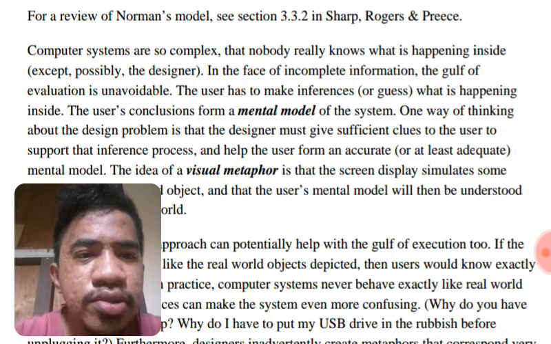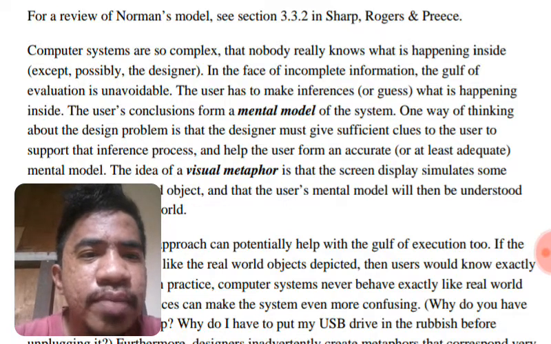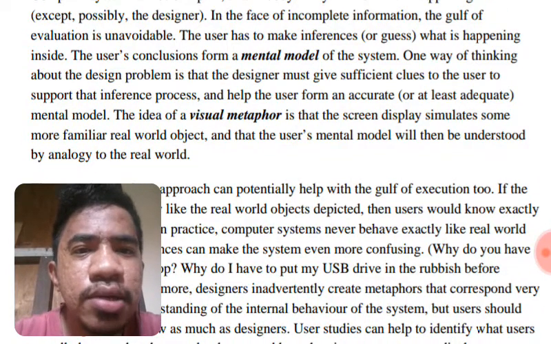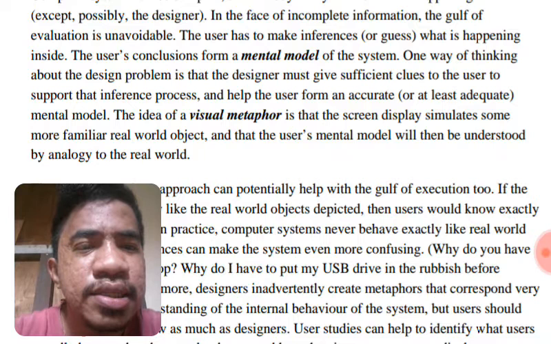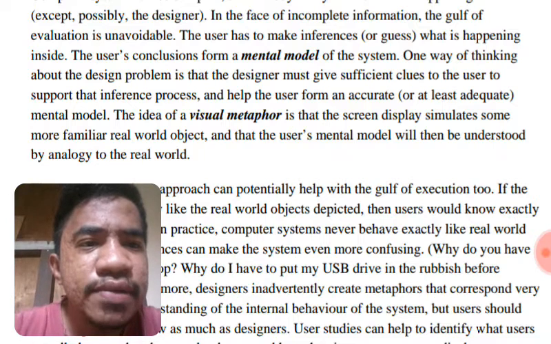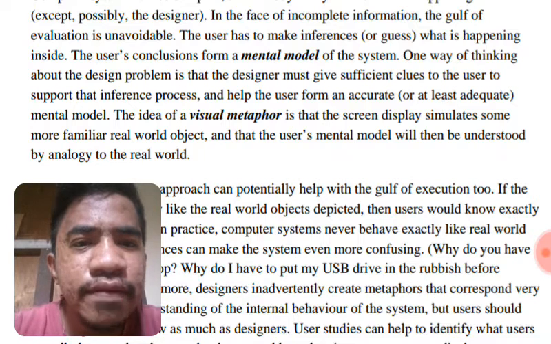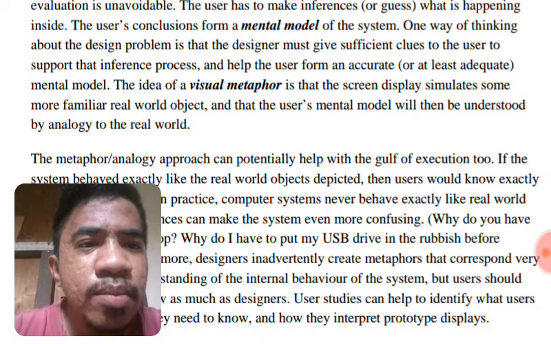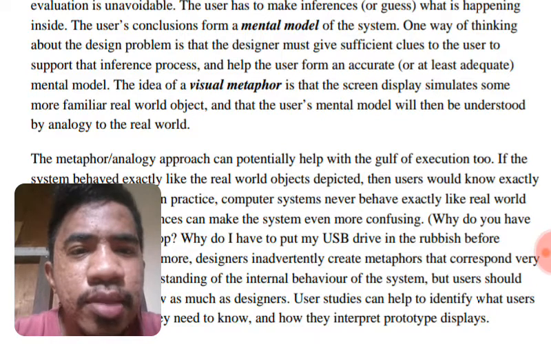The user has to make inferences or guess what is happening inside. The user's conclusions form a mental model of the system. One way of thinking about the design problem is that the designer must give sufficient clues to the user to support that inference process and help the user form an accurate, or at least adequate, mental model.